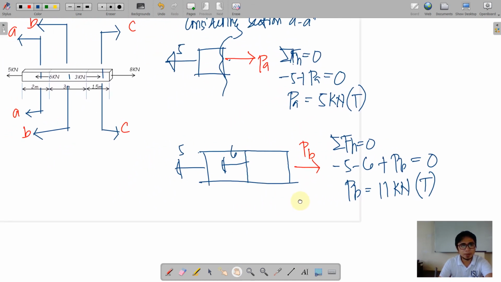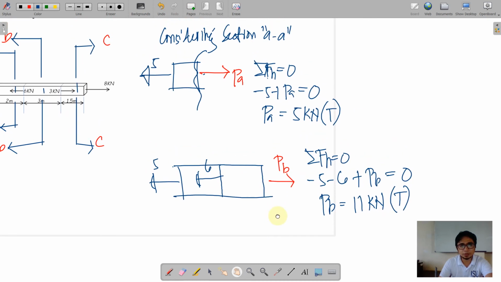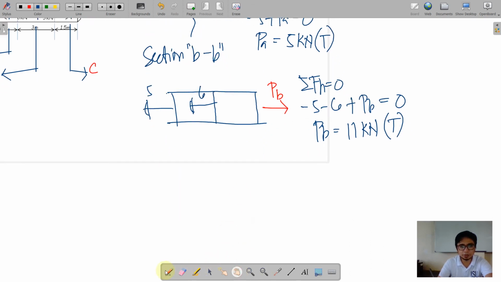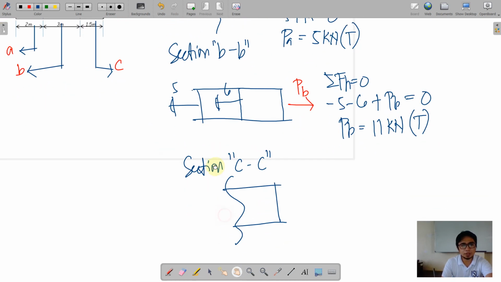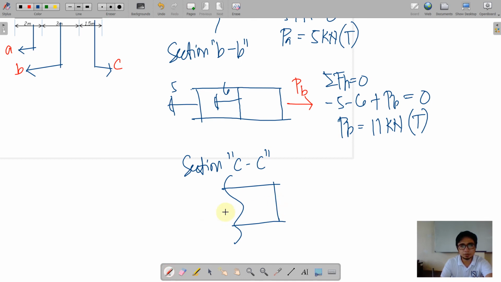Finally, at section CC, this is section BB, finally for section CC, we have to consider the right portion, and on the right portion we have 8 kilonewton rightwards.